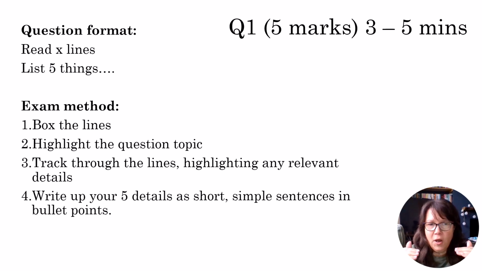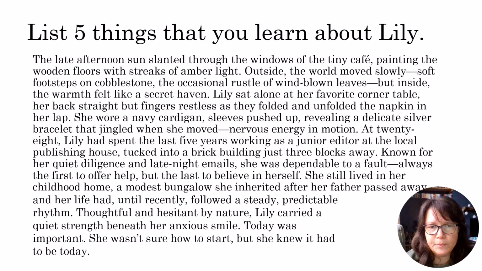And once you get to 5, you can stop, and then you write up those details as 5 short, simple sentences as bullet points. And this is where component 1 differs from component 2. They do need to be written in sentences.